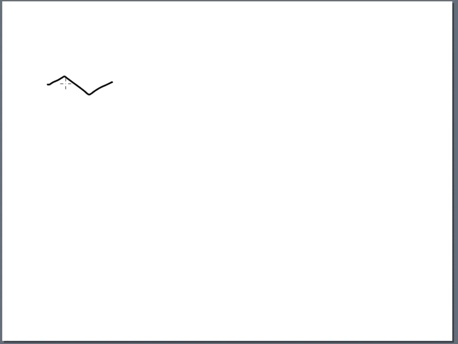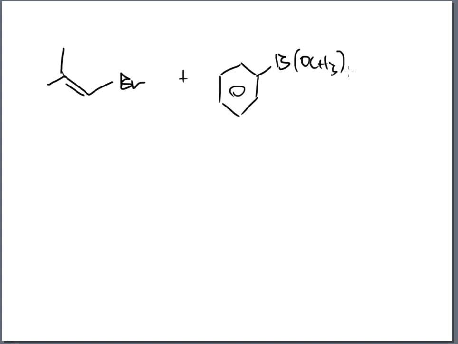1, 2, 3, double bond. That gives me a bromo group and a bond that goes right there. Plus, let's do this ring structure, delocalized. Bring a boron off of it. And up here, I'm going to do OCH3 parentheses 2.